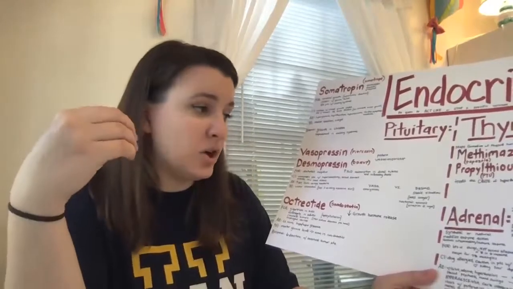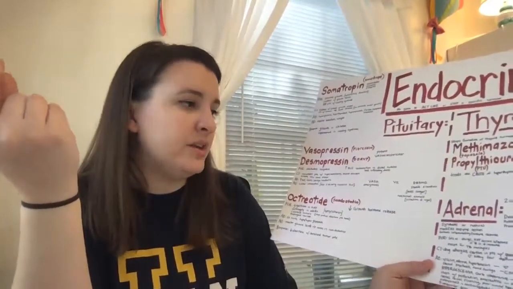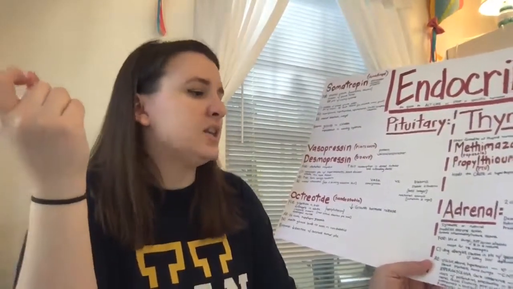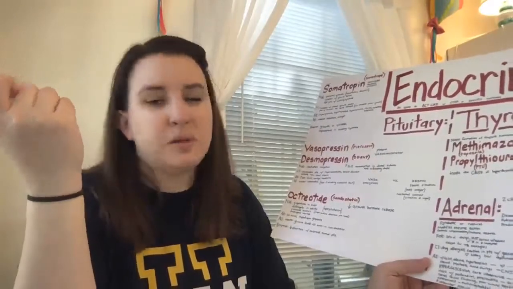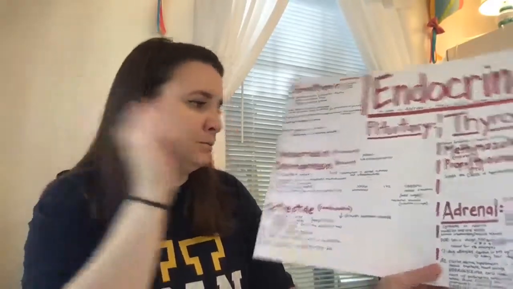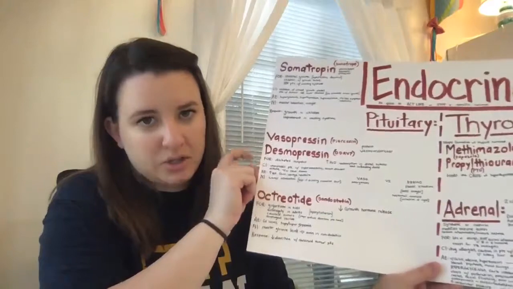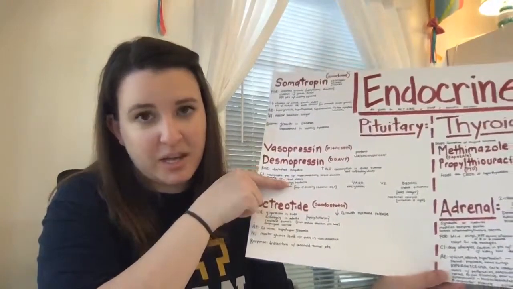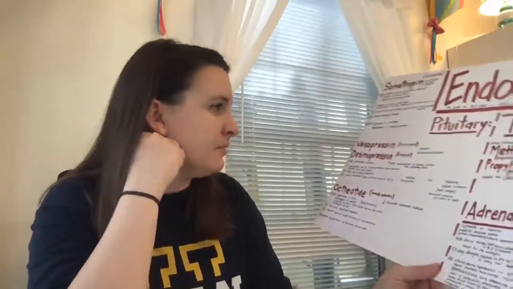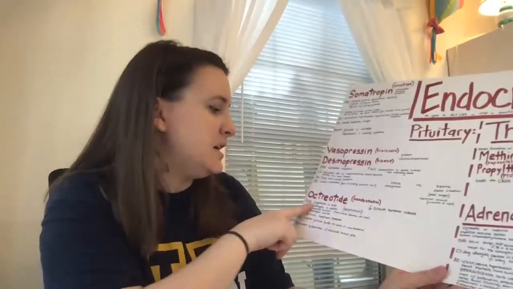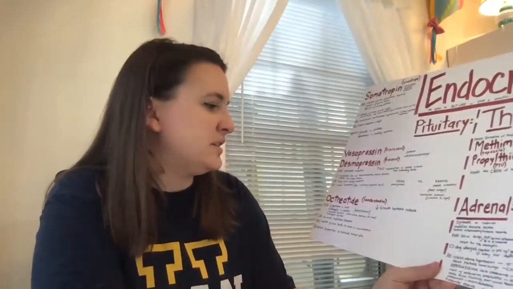This lasts longer, and it can also lead to nocturnal uresis, which would be urination at night. So you just need to let your patient know, hey, you're going to be going to the bathroom at night. The next drug for pituitary is Octreotide, which is Sandostatin.